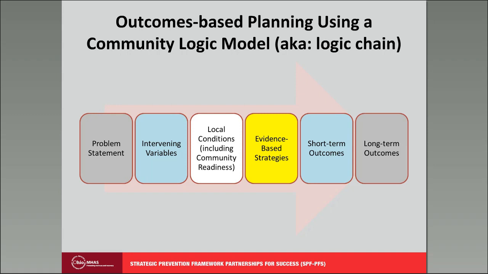In yellow, of course, are those evidence-based strategies that we are going to select. On the other end, the evidence-based strategies will pull the lever on the intervening variables, and if we're successful and we pick the right intervening variable in our community and it's data-driven, then we will be able to make a difference in our long-term outcome.